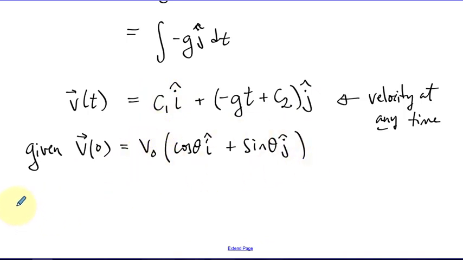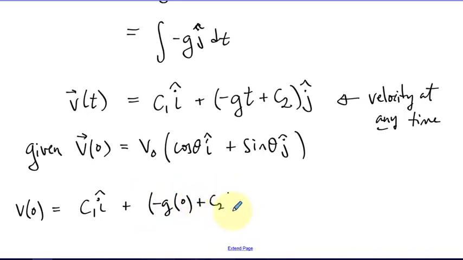So we'll say v of 0 would be c1 i component plus, say, negative g times 0, that's time 0, plus c2, all j component, but that's also v0 cos theta i component, and here I'm just distributing, of course.